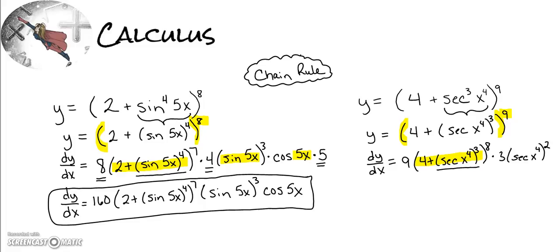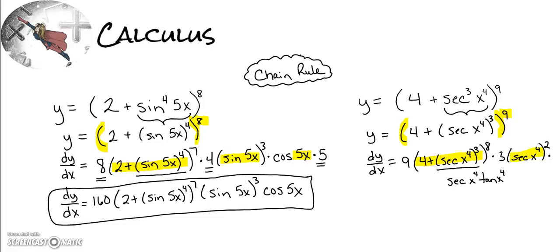Now, the next inner portion is the secant. Now remember, the derivative of secant is secant tangent. I'm going to write this on the next line since I ran out of room. But it's secant tangent, so you have to write secant of x to the fourth, tangent x to the fourth.